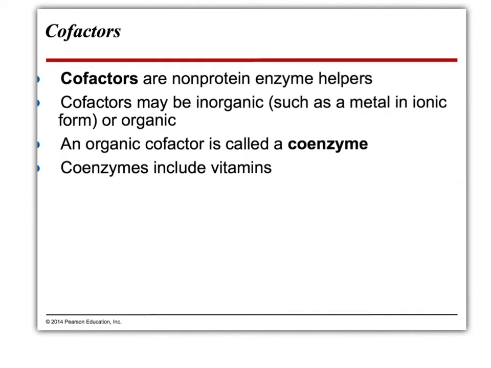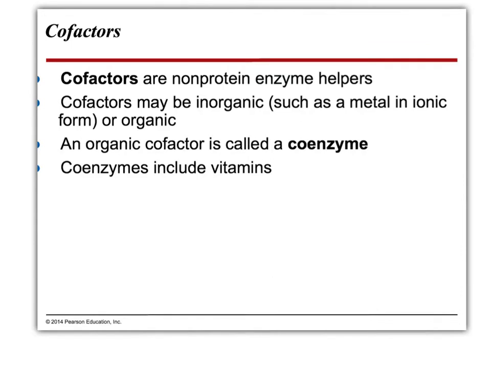How many of you have heard of coenzyme Q? You can take that, they sell it as a dietary supplement. Coenzyme A, that's already found in your body. So it's an organic cofactor that will bind an enzyme and give it more activity.